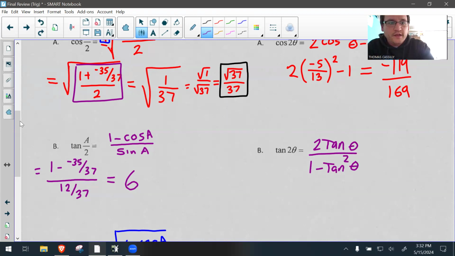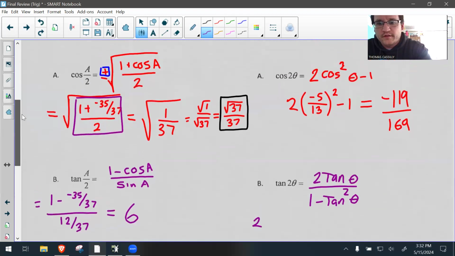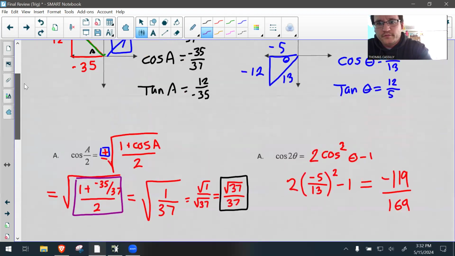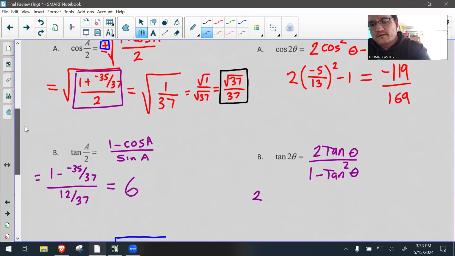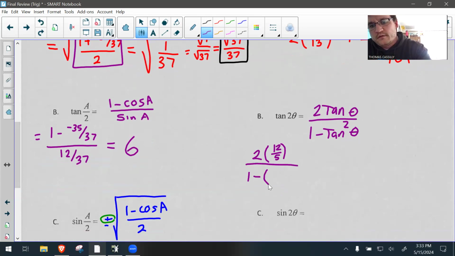I'm going to plug everything in here. We're going to have a fraction inside of a fraction on this one. That's not a big deal. The tangent we said was 12/5. So this is 2 times 12/5 on the top of your fraction, and then the bottom, it's 1 minus 12/5 squared.